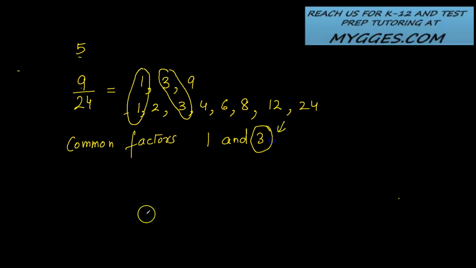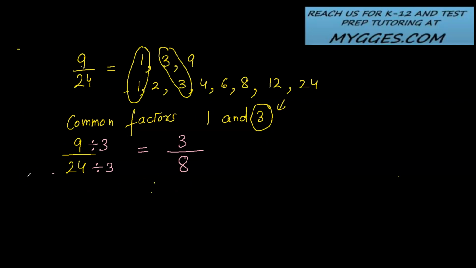Let's take 3 and divide both numerator and denominator by 3. We get 9 divided by 3 is 3 and 24 divided by 3 is 8. Since 3 and 8 don't have any common factor other than 1, we can say that 3/8 is in its simplest form.